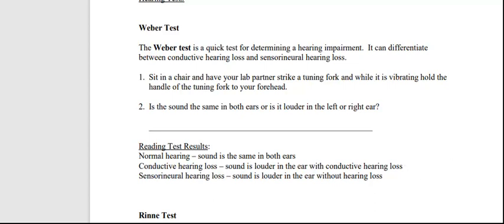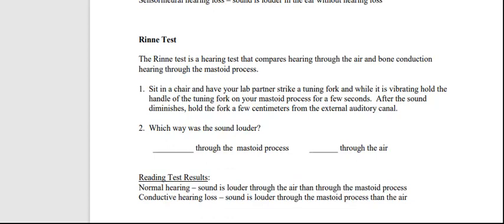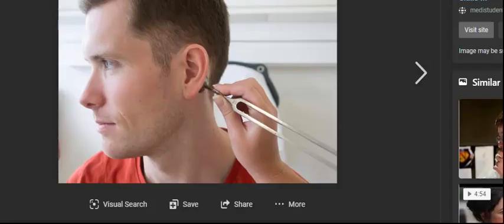All right, and then the Rinne test, you're going to put this on the mastoid process. Again, you want to strike the tuning fork against your hand or something that's soft or rubber, and then you place the base of it up against the mastoid process behind the ear, and again you're going to get some bone conduction.